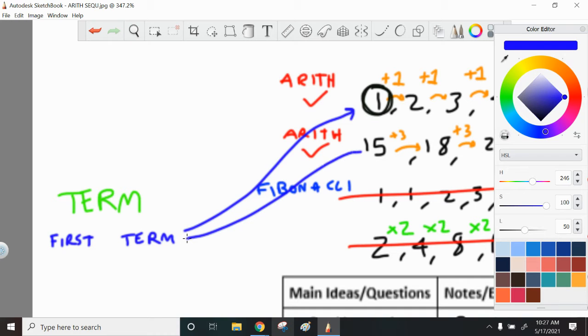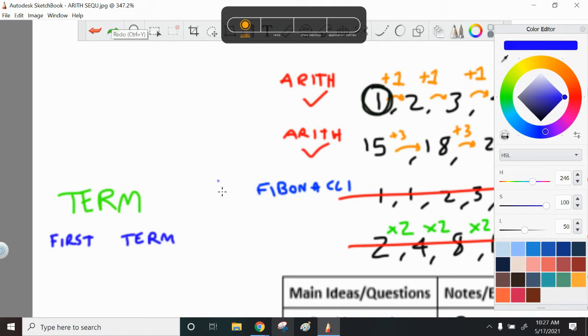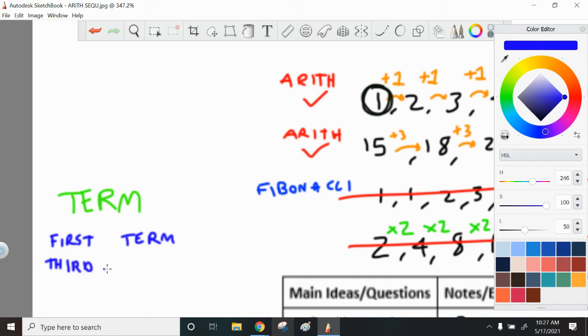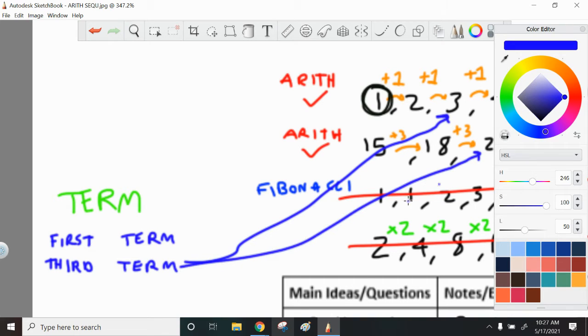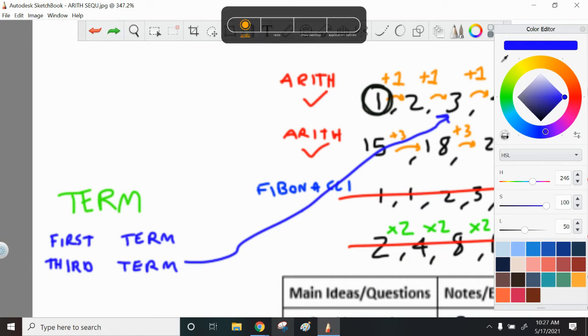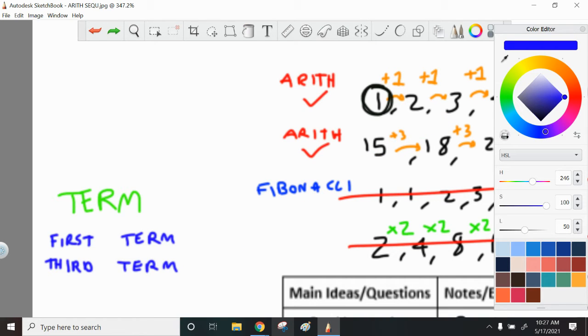For the first pattern, it would be 1. For the second pattern, it would be 15. And so we could also have the third term, which would just be the third number that comes in the pattern, right? So that would be the 3 or the 21 or the 2 or the 8. So we need to make sure that we know term, and it's not a difficult vocab word either. It literally just means the first term is the number that comes first. The fifth term is the number that comes fifth.